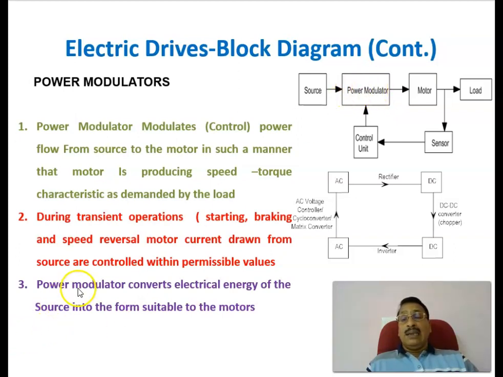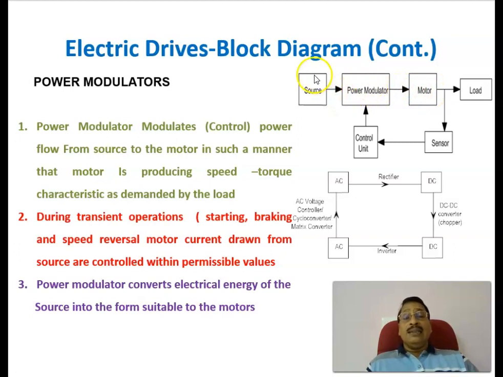The third purpose is that the power modulator converts the electrical energy of the source into the form suitable to the motor. If the input is a DC source and the motor is an AC motor, then the power modulator is a DC to AC converter, that is called the inverter.